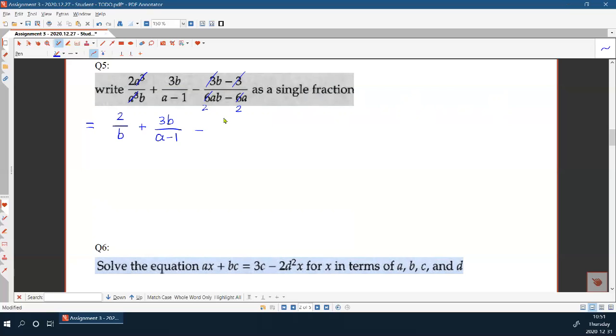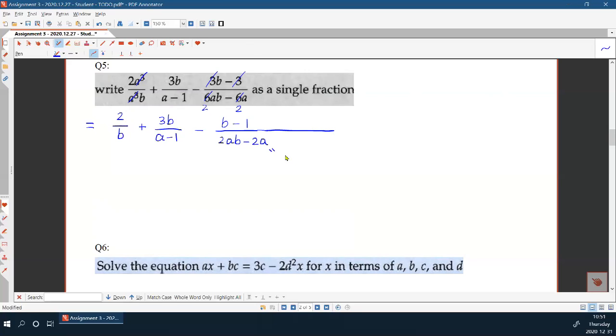The third term would be b minus 1 over 2ab minus 2a. For 2ab minus 2a, we can factor it.